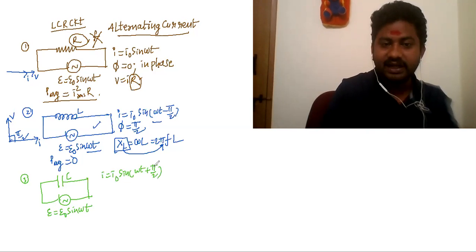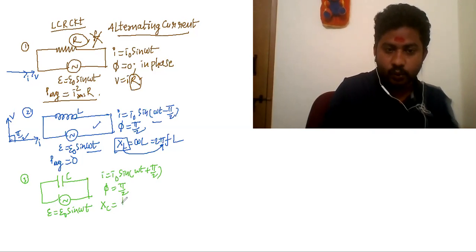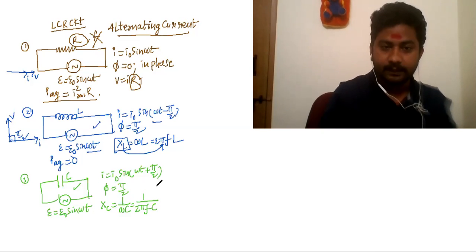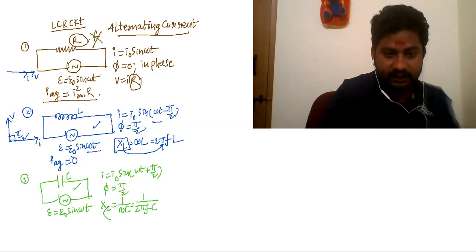Here the current is leading. The phase difference identified was pi by 2, and here it is called the capacitive reactance, which is the net resistance of this circuit. Capacitive reactance is 1 by omega into C, which is 1 by 2 pi into frequency into C. Here also you can see the capacitive reactance depends on the frequency.